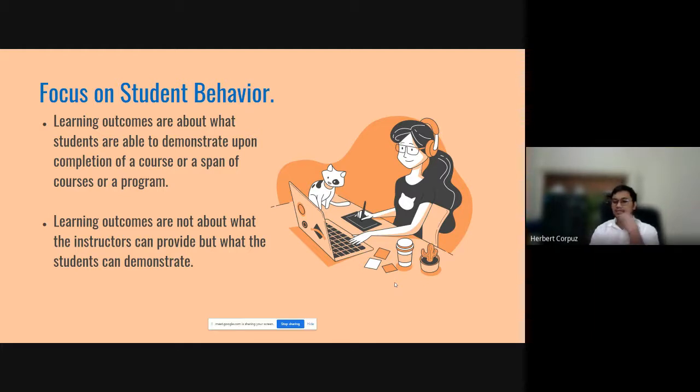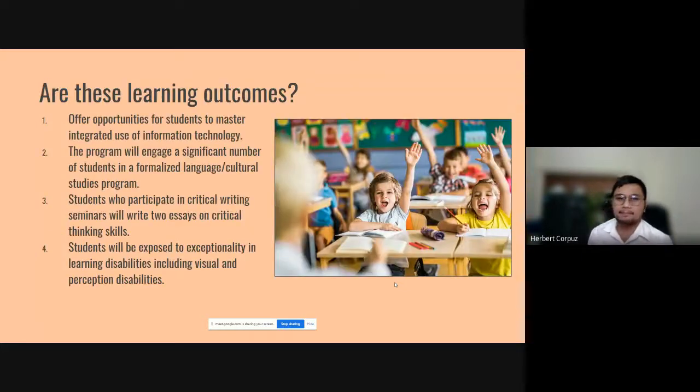Student behavior is about the learning tasks that our students have to demonstrate, have to do.